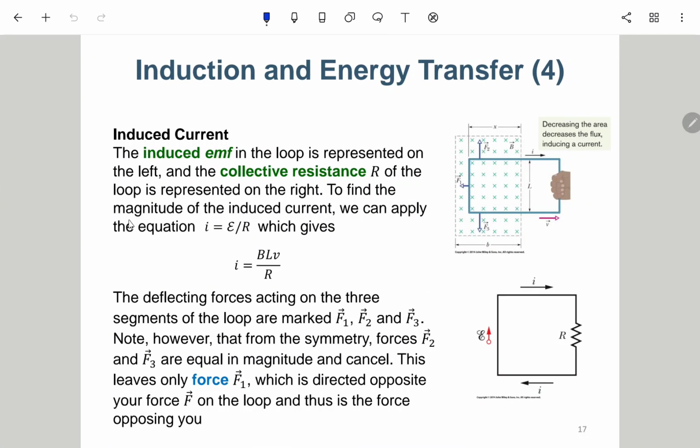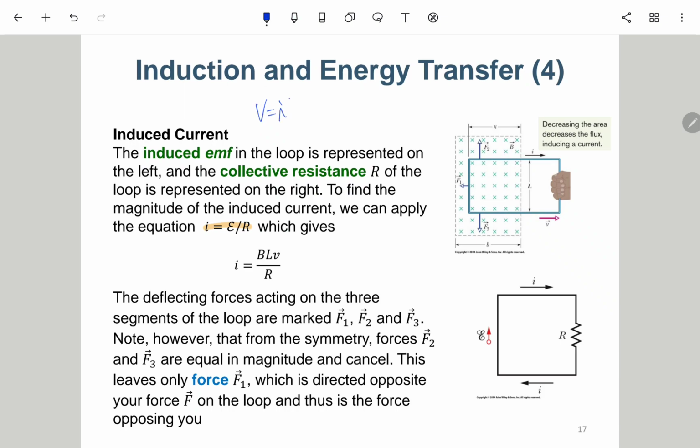The next step is to determine the induced current. Here we simply use Ohm's law, I equals E over R, similar to V equals IR.